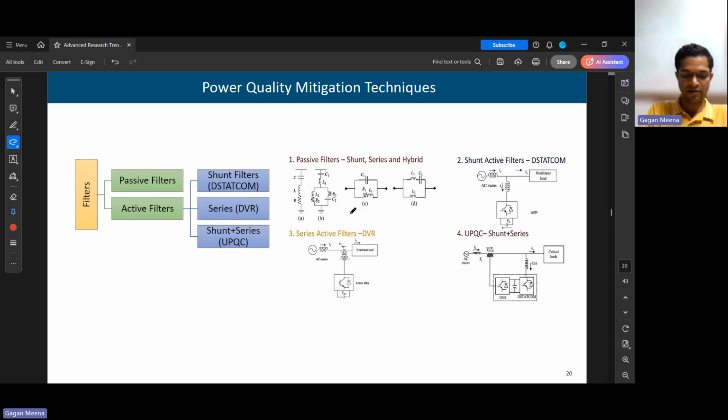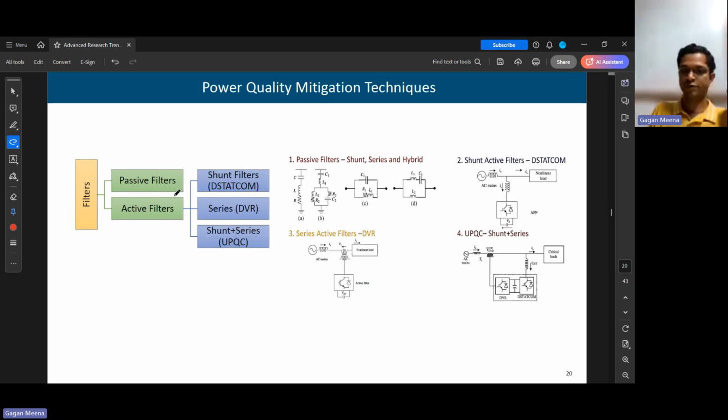We have discussed the power quality issues, and now we are into the mitigation strategies. Once we have these different types of issues, how to mitigate them. And we can do that by using filters.